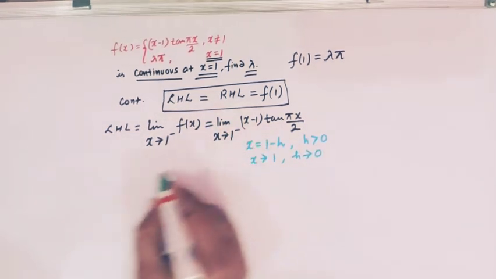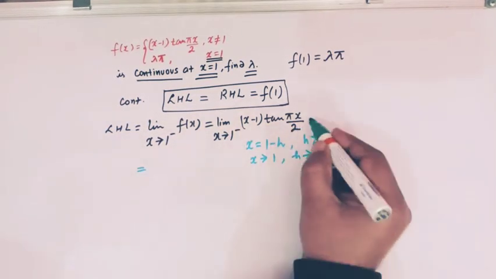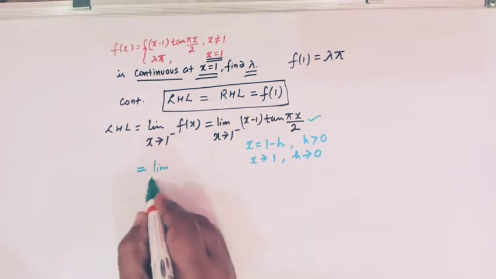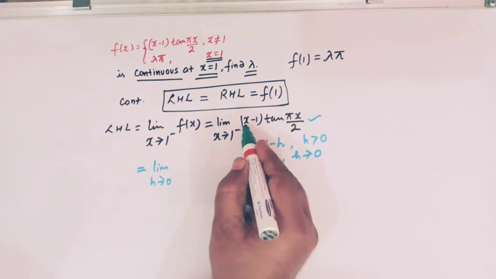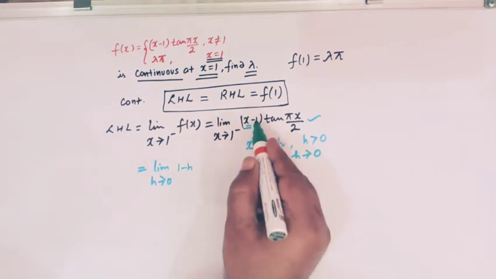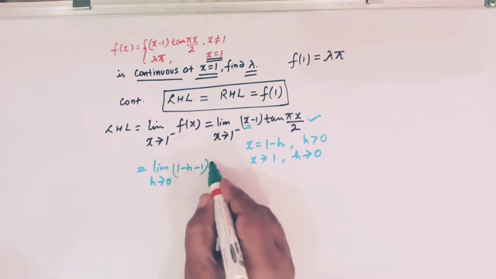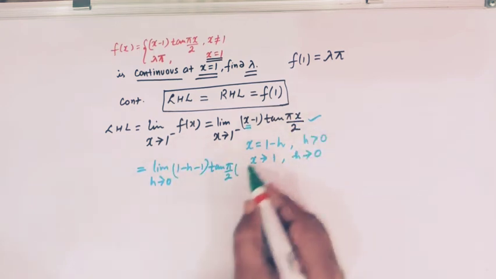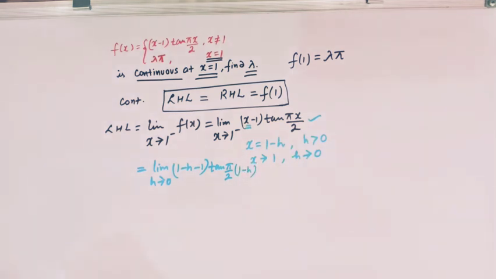So this expression now takes the form limit as h tends to 0 of (1 - h - 1) tan(π/2 times (1 - h)).